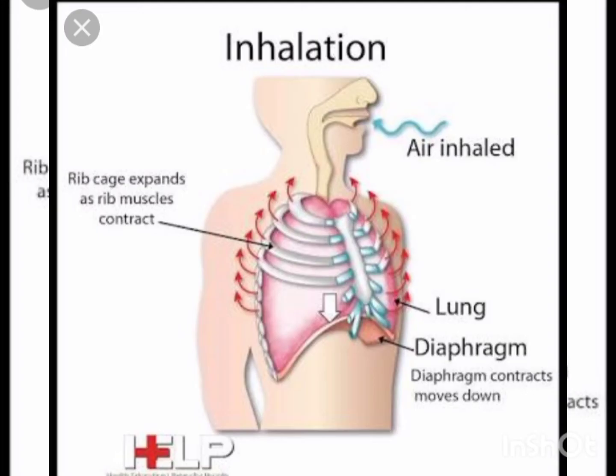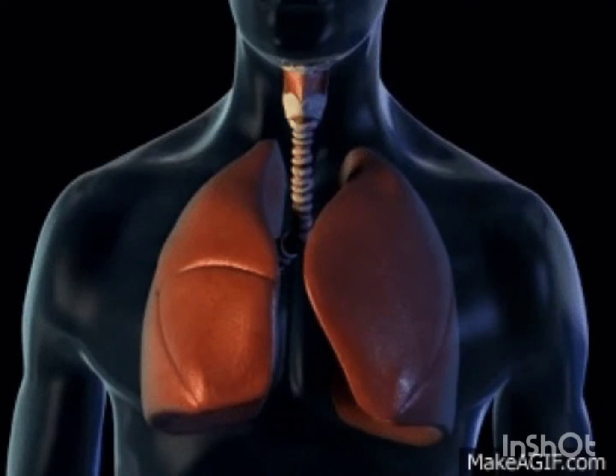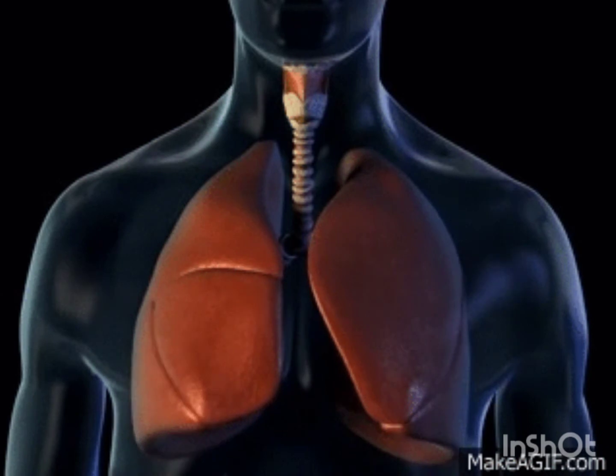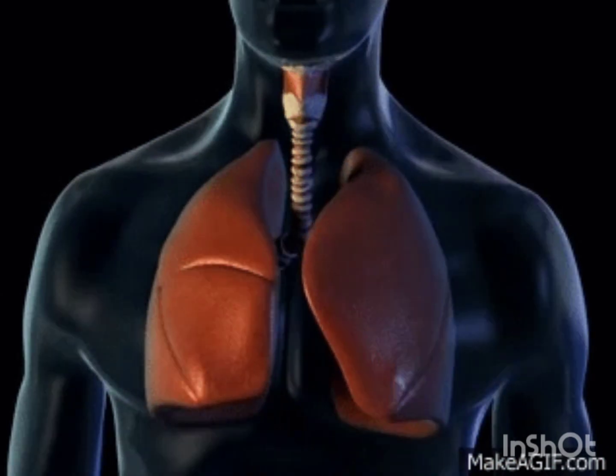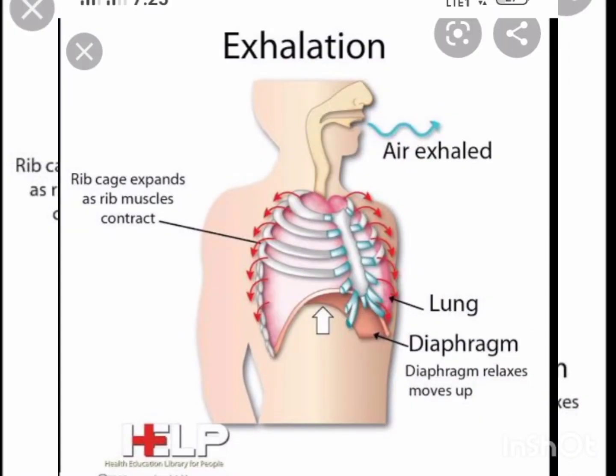What is inhalation? The taking in of air rich in oxygen into the body is called inhalation. During inhalation, our lungs expand. What is exhalation? The giving out of air rich in carbon dioxide is known as exhalation.